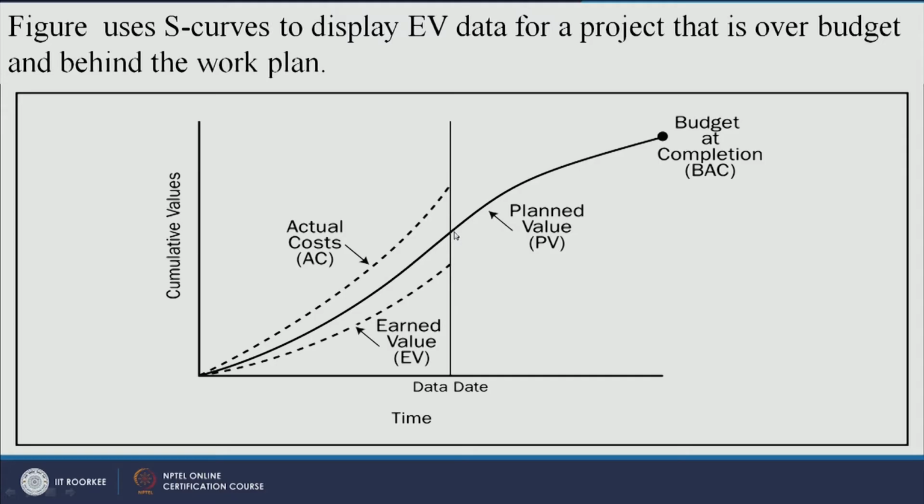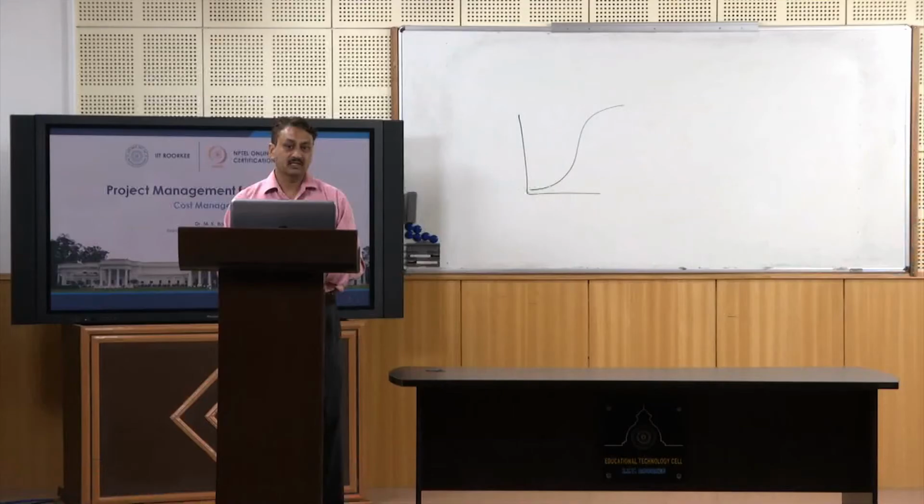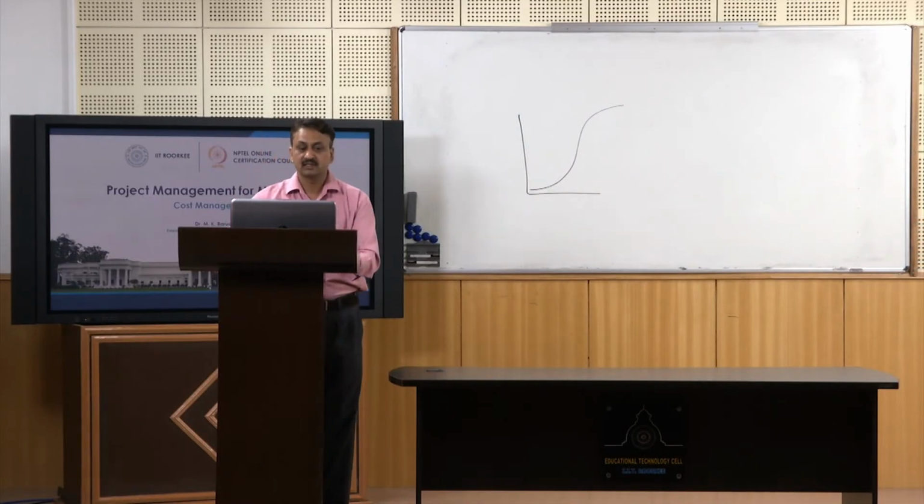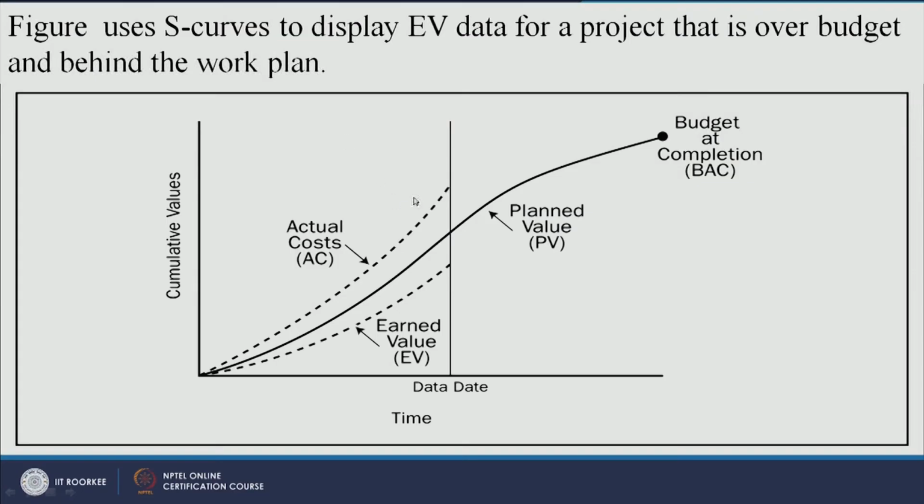So, you did not earn that much value which you should have earned. This is an S curve approach which will help you in knowing what you have planned and what you have earned. This is one of the methods of measuring performance of the project, right.